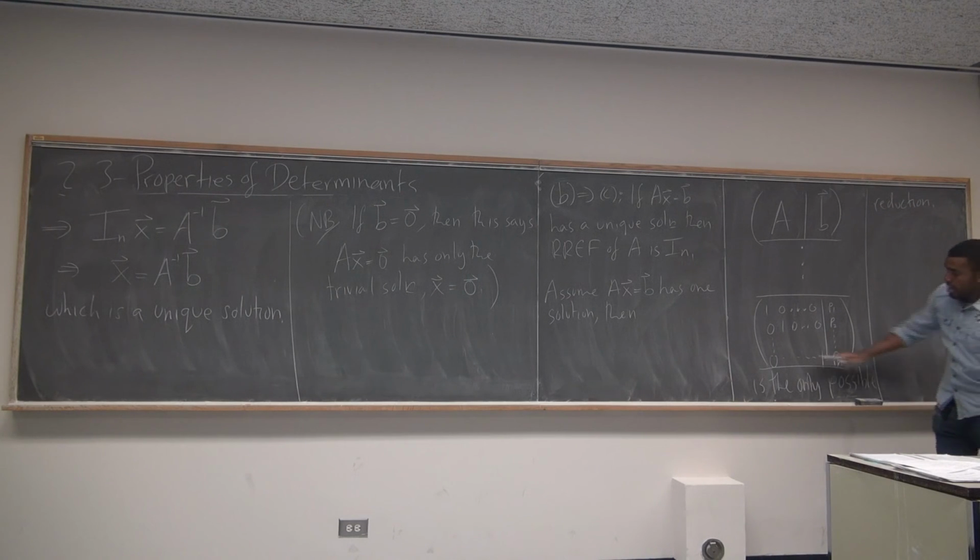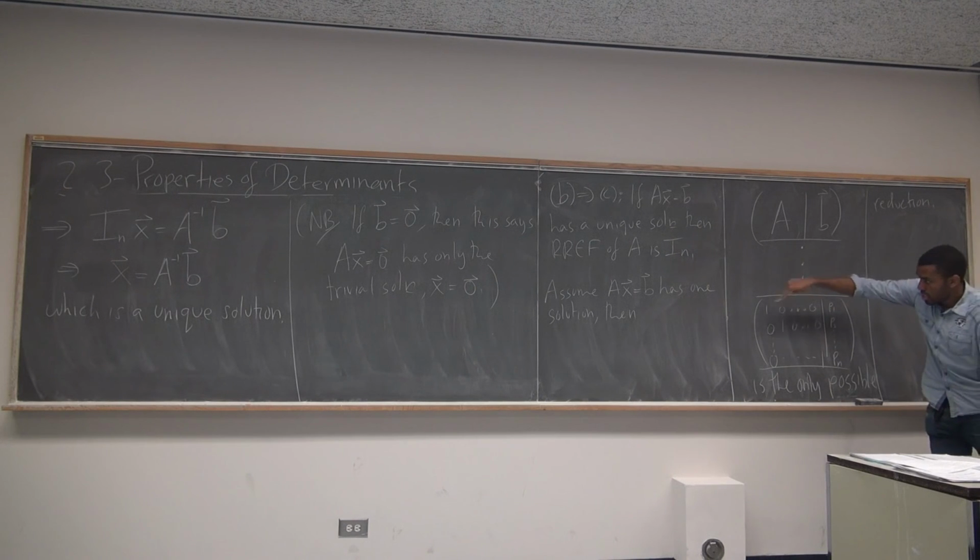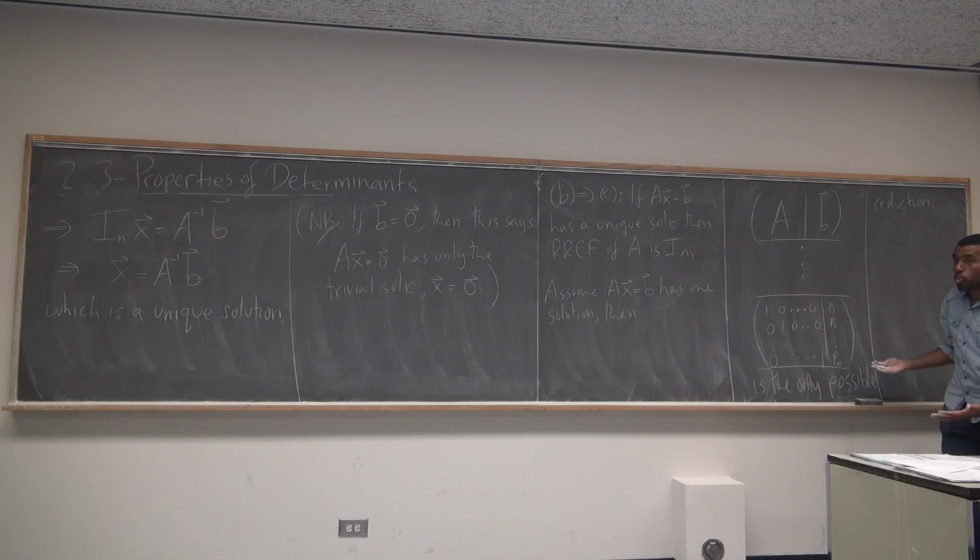Right? Because if I had a row of zeros, I immediately end up with infinitely many solutions. The only way to get a unique solution is if I have a leading 1 in the column of every single variable. Right? And then I can just say this equals that, this one equals that, this one equals that. There's only one thing that it could possibly be equal to. So, the reduced echelon form of A is the identity.